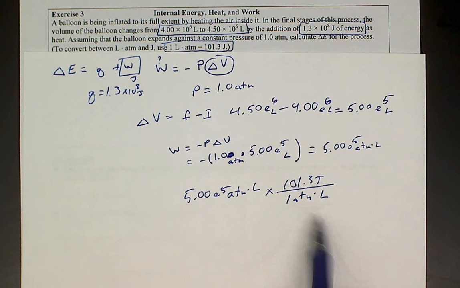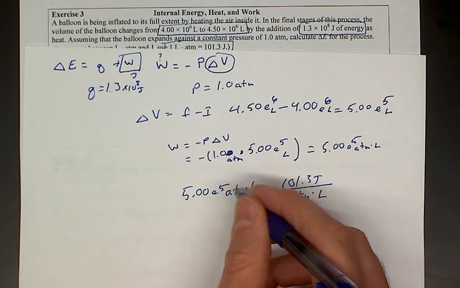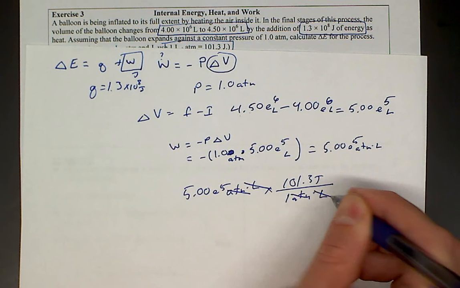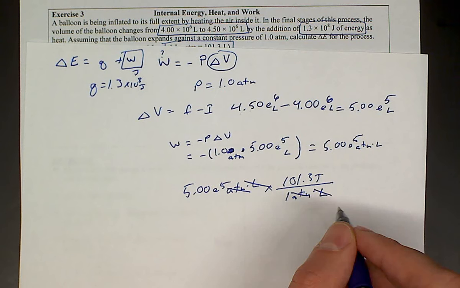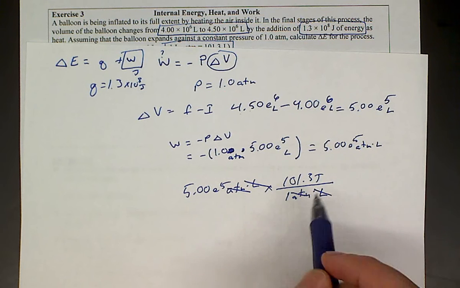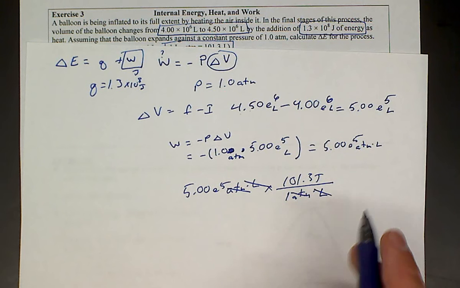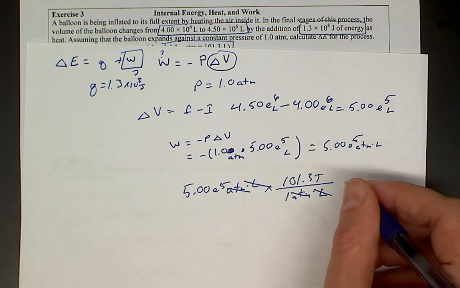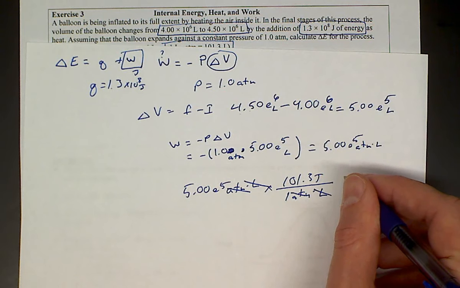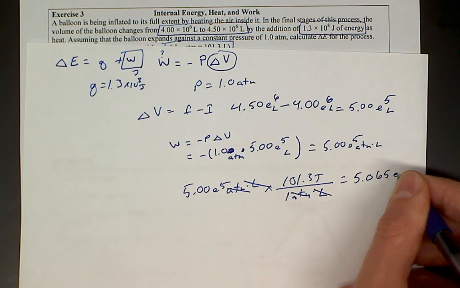However, it's a really safe way to do these problems because we see that our units cancel out, giving us an answer with a unit we can deal with. Okay, so my recommendation when you do these is that you write out these units because you will see them canceling out. And this gives us a value of 5.065 E to the 7th joules.